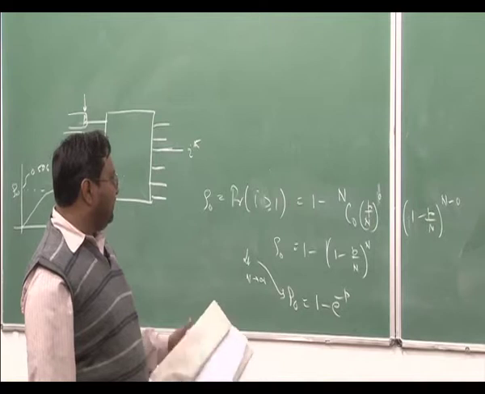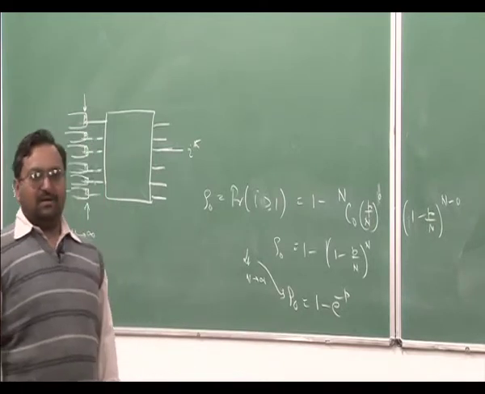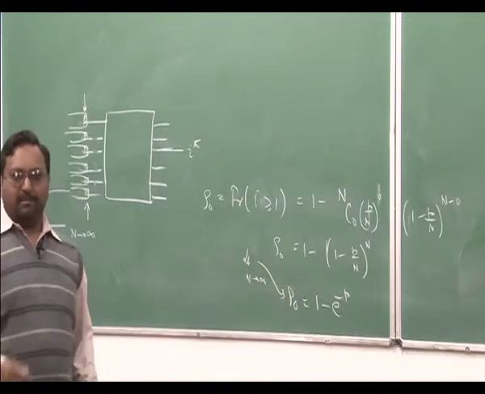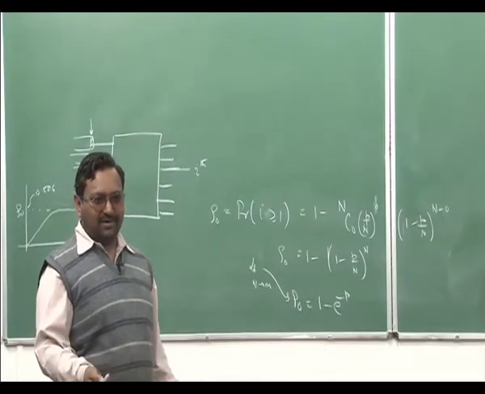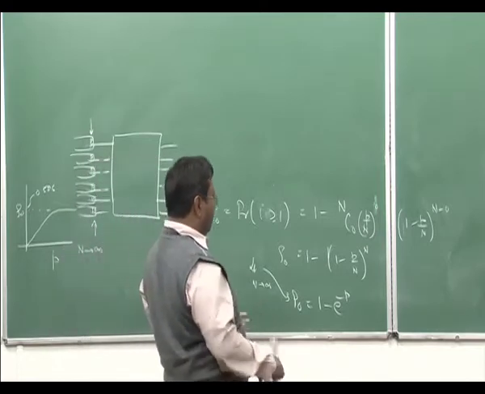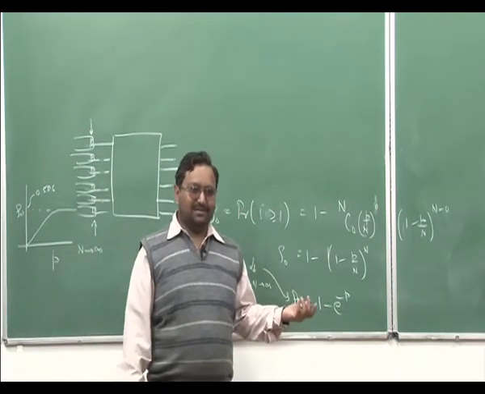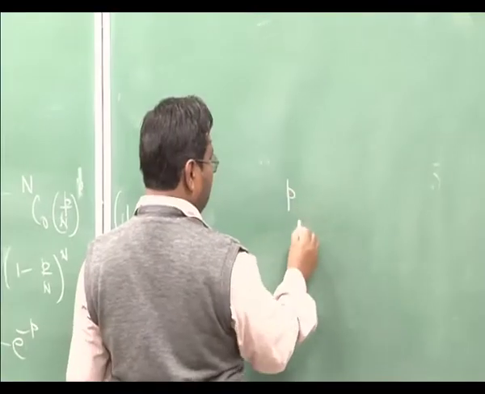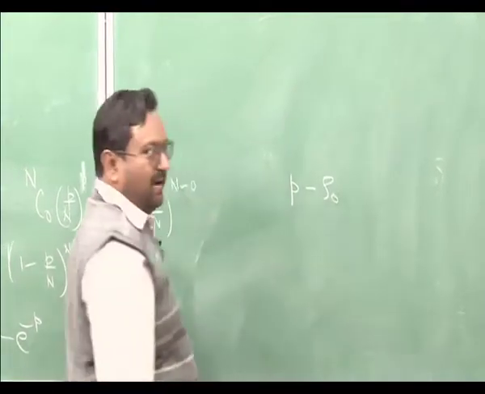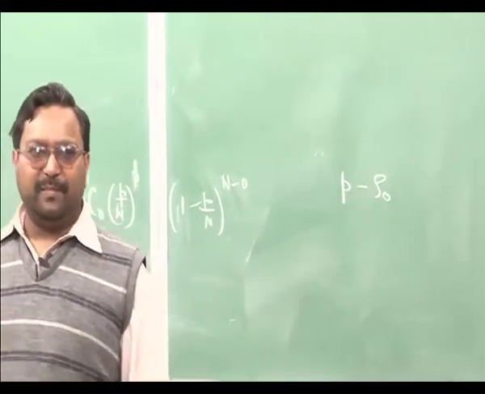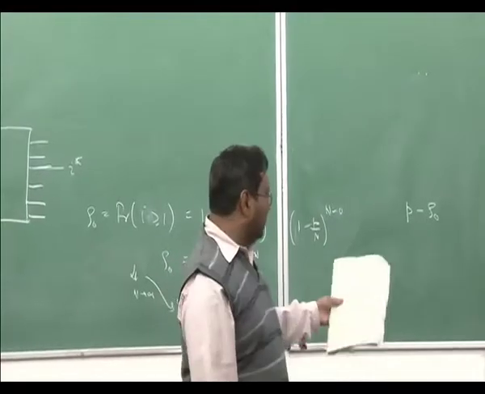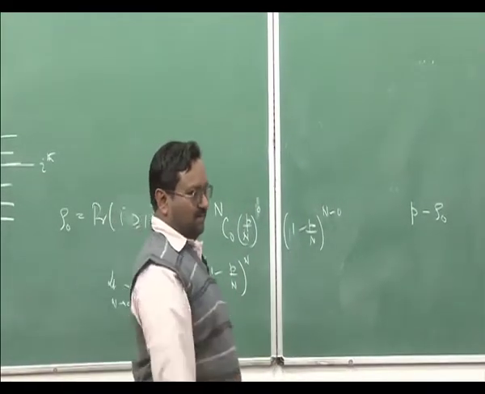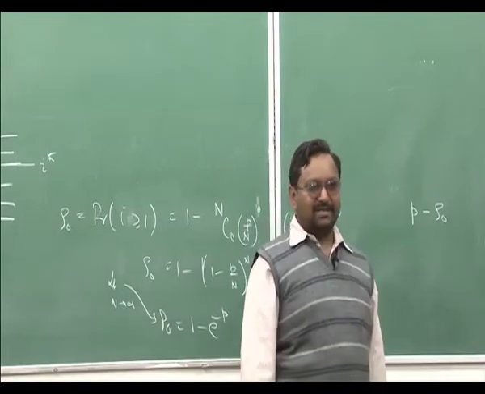Now how many packets are being lost per line? Your incoming rate is p. P number of packets are coming per line per unit slot, while your outgoing is rho naught. So how many packets are being lost? P minus rho naught packets are lost per line per slot.